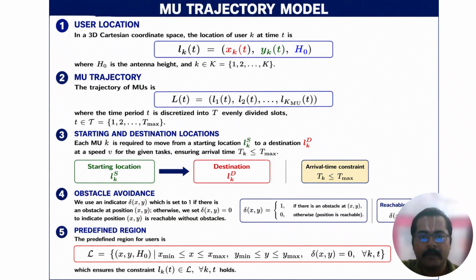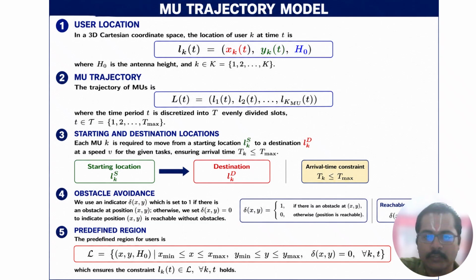The path from source to destination is the trajectory, at a speed or velocity for a given task, ensuring arrival time. The condition is that t_k should be less than or equal to T_max, and this we will minimize. Of the two objectives, one is decoding error probability and the second is arrival time. What is the constraint on arrival time?